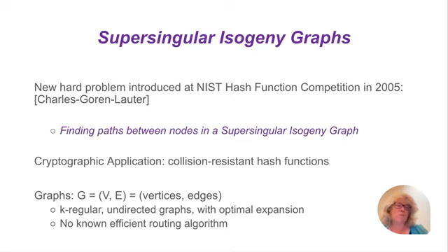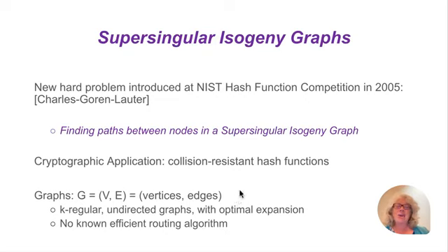So it seemed like a good foundation for a whole collection of new cryptosystems that we now call isogeny-based cryptography. The basic idea at the time was that we wanted to use graphs. Think of a graph G as being given by the vertices V and the edges E. In particular, we wanted to use k-regular graphs, so k edges coming out of each node, and the graphs should be undirected, so you can go either way on each edge.